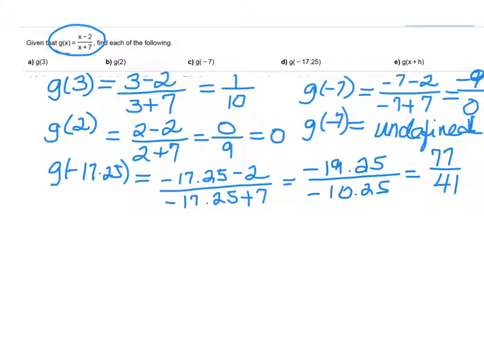So I got that answer on the calculator, but since we started with a decimal, it would be acceptable to give the answer as a decimal. So the answer as a decimal is going to be 1.87804, and the number actually continues on to 8, 7, 8, 0, 4.